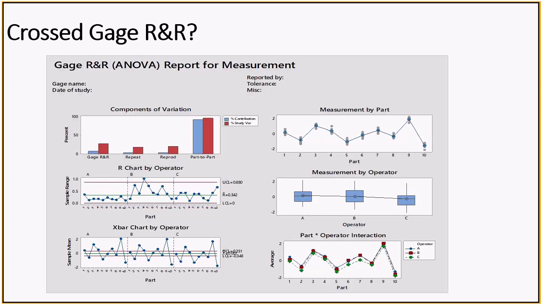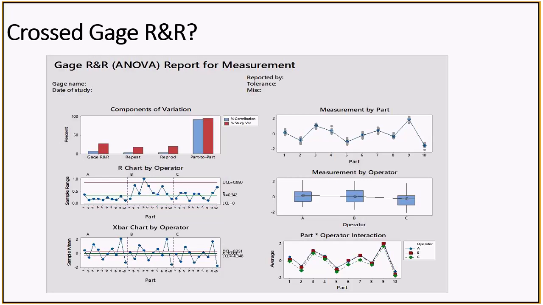But please make a note, don't conclude anything just by looking at the graph, okay? If you want to conclude whether your measurement system is acceptable, not acceptable, or marginally acceptable, please always go to the session window, check your contribution percentage, study variation percentage, NDCs, which is number of distinct categories, or percentage tolerance if you have.